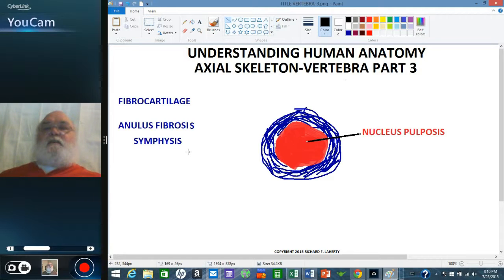And it absorbs the shock that our spinal column is subjected to each time we take a step. Each time your foot strikes the ground, the weight of all the vertebra above and all the structures in that area of the vertebra press down.